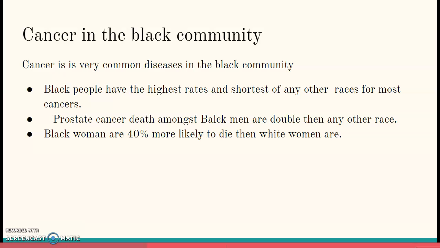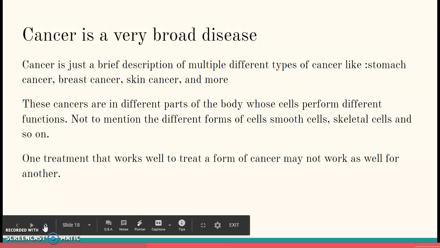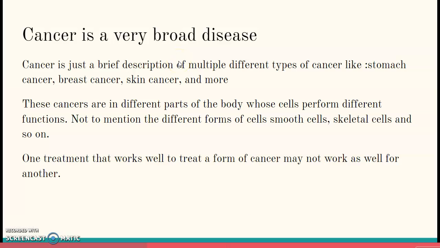Now, no one's immune to this disease. And also, cancer, as I said earlier, is a very broad disease, which also makes it harder to treat. Cancer is just a brief description of multiple different types of cancer, like stomach cancer, breast cancer, skin cancer, and more. These cancers are in different parts of the body whose cells, in general, perform different functions.